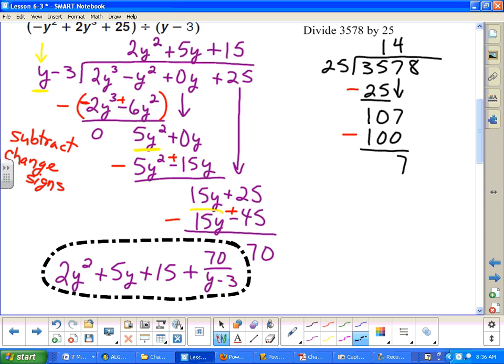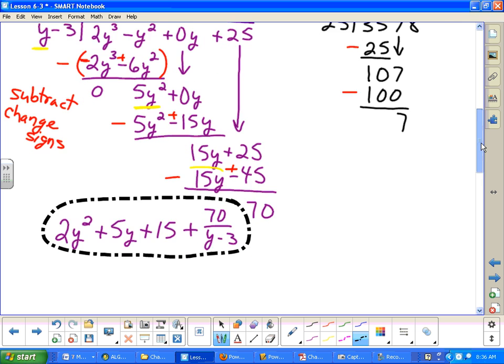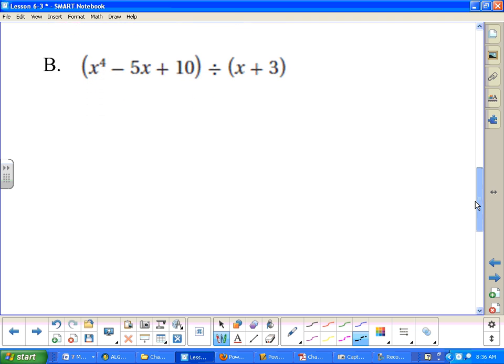Okay, let's do another one. It's very similar to just doing long division like you did back in 3rd or 4th grade. Just throwing the variables in there tends to change things a little bit, but not much. So let's look at this one here.